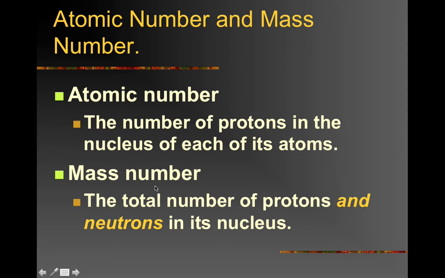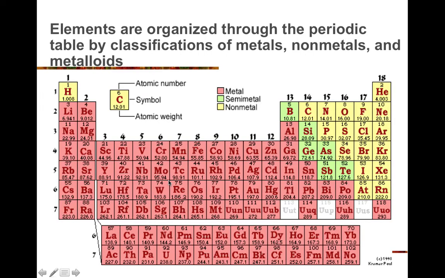And also your mass number, the big number at the bottom, is the total number of protons and neutrons. So if you want to find neutrons, you would just subtract your atomic number from the mass number to find the number of neutrons.